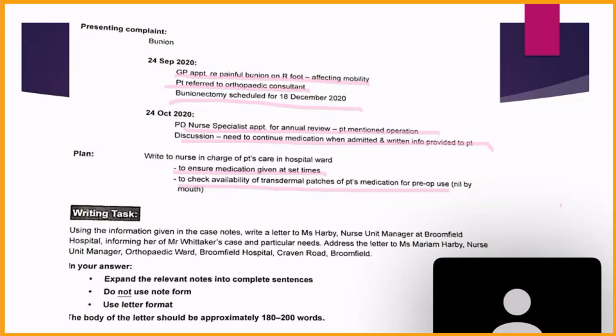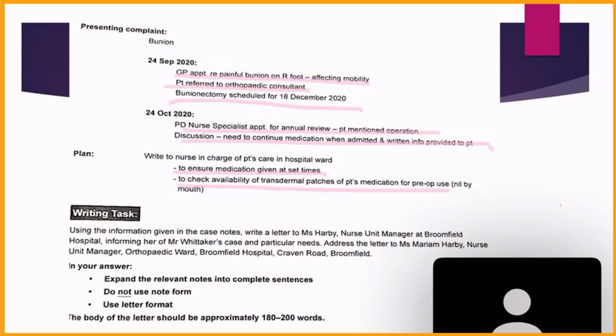Today, during the annual follow-up, he informed regarding the surgery and the need to continue his Parkinson's medication was discussed.